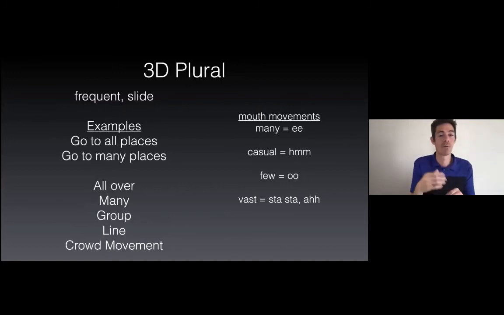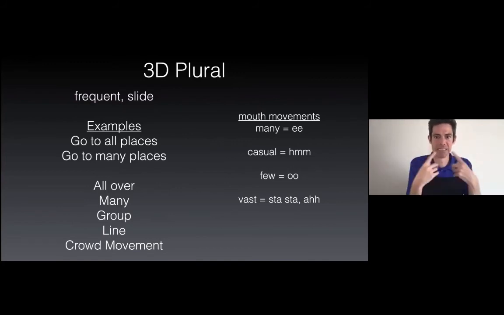All over can be like this, and many can be like this. A group can be translated to this. Group movement can be like this. A line or a list.